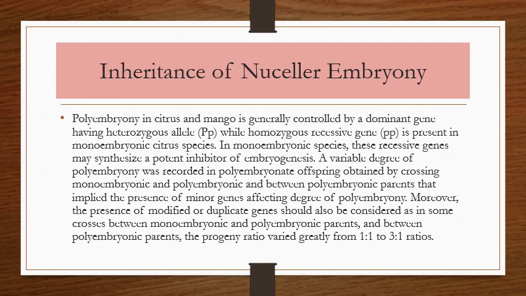It may be concluded that mostly polyembryony is controlled by a heterozygous dominant gene, and the absence of the dominant allele leads to monoembryony. But in some cases, modifier genes and minor genes are also present, that interfere with the ratio and degree of polyembryony respectively.